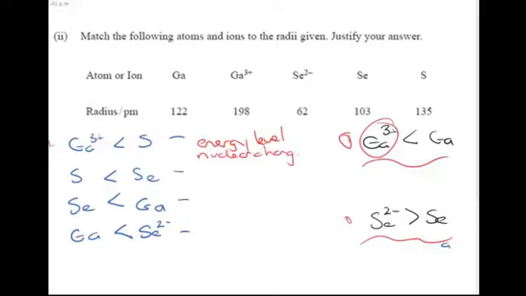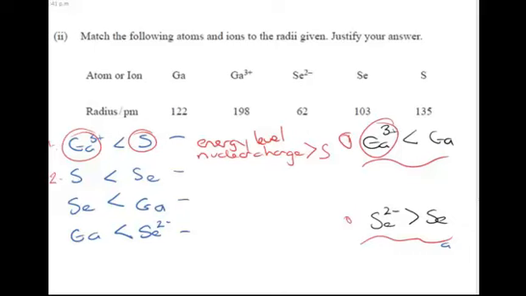Sulfur has fewer protons than gallium 3+, so gallium 3+ is going to have much greater electrostatic attraction. Electrons will be tightly held at a smaller radius. So that's that one.